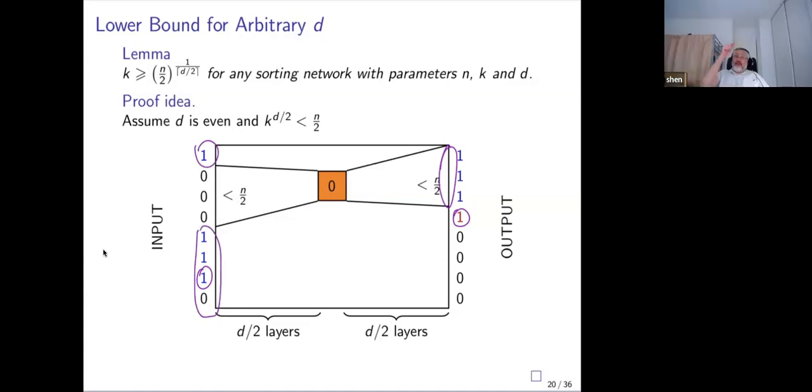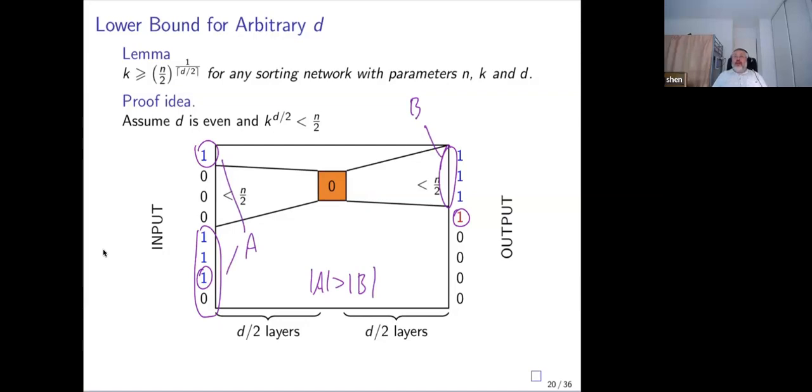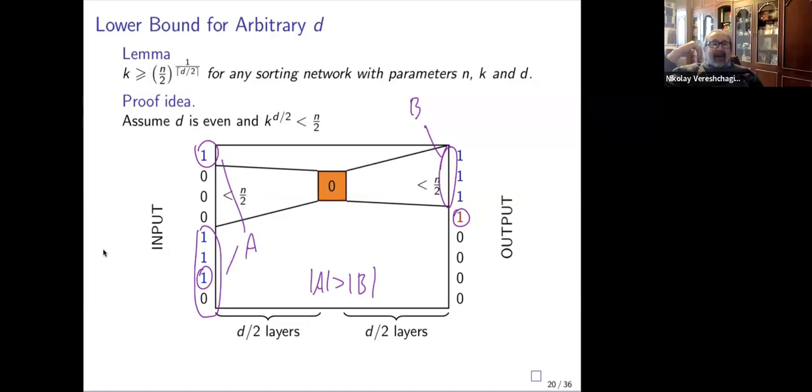So we're switching from 0 to 1 on the left the elements which do not influence this middle zero, and it's a lot of them. We proved already that each of them should increase one element in the zone connected to the middle cell. And then there are only few of them.